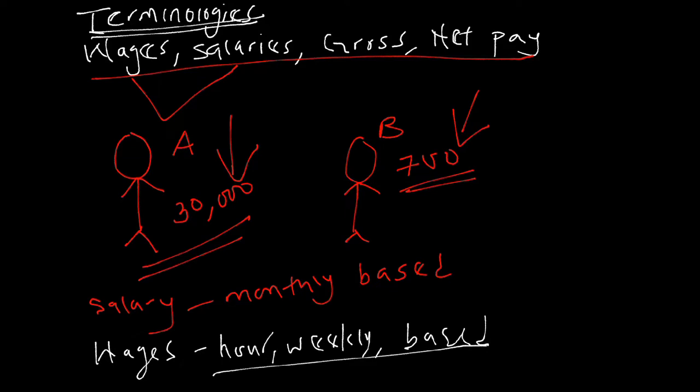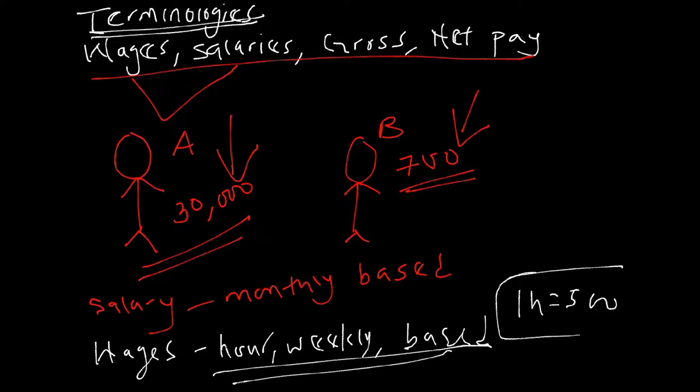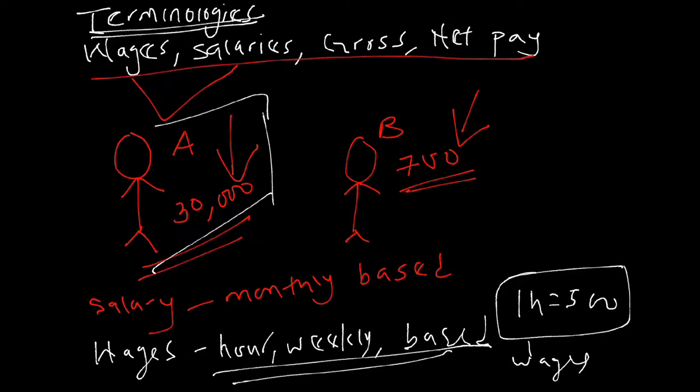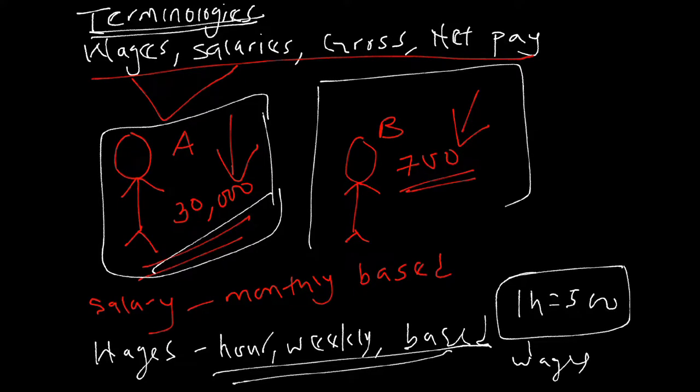So if 1 hour of work is equal to 500 naira, this is wages. Why? Because it is not monthly based. Any type of payment that is monthly based is called salary, but any type of payment that is weekly or daily or hourly based is called wages. So that's the difference between wages and salary.